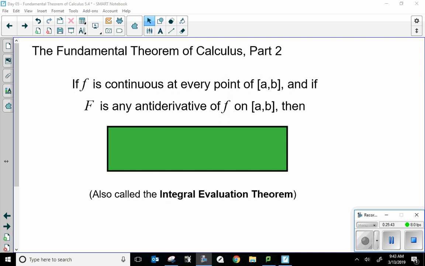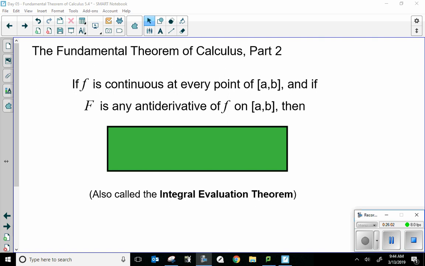All right. The second part of the fundamental theorem of calculus states, if f is continuous at every point in an interval, and if capital F is the antiderivative of f on that interval, capital F represents the integration, remember.